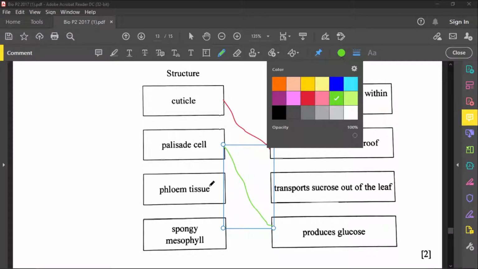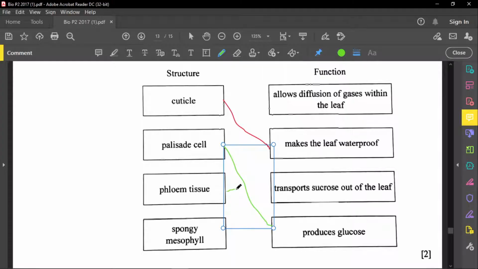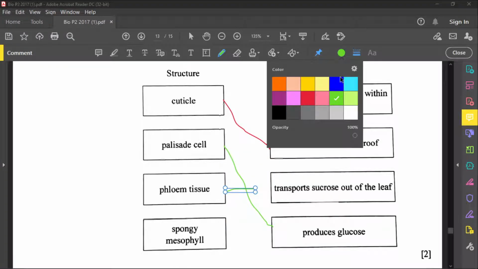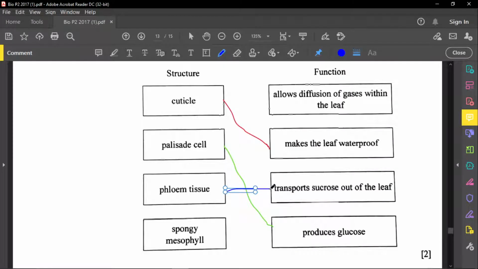And so let's look at the phloem. The phloem is a transporting vessel that transports plant food such as sucrose. So this is straight across. Let's change this into something else. Let's put that to the blue. Okay, right. So let's carry it right over there. All right, so that is that for us. Excellent. So let's look at the last one now.